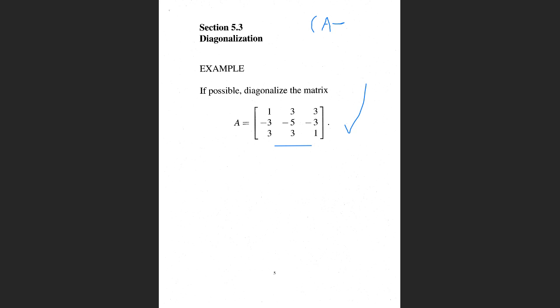Well, to get the eigenvalues, you have to take A minus lambda I, take the determinant of that and set it equal to 0. That's how you find the eigenvalues, is by solving this equation.